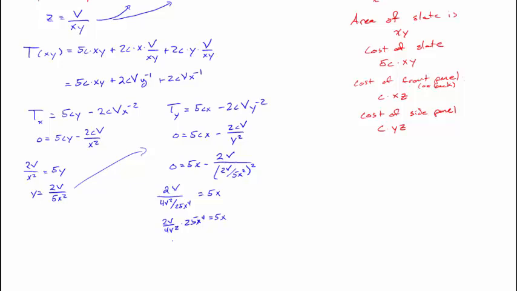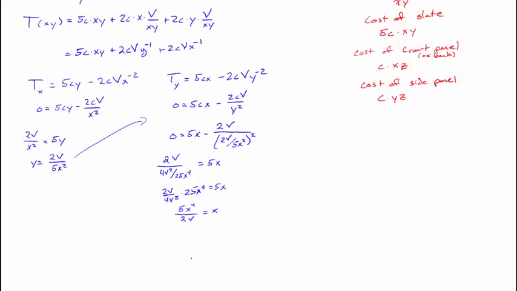And then this is going to reduce to, cancel some 5's here, I'm going to get 5x to the fourth over 2v equals x. I want to subtract so I don't accidentally lose any solutions here.